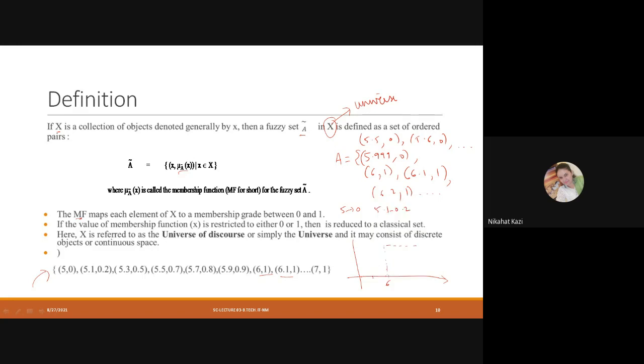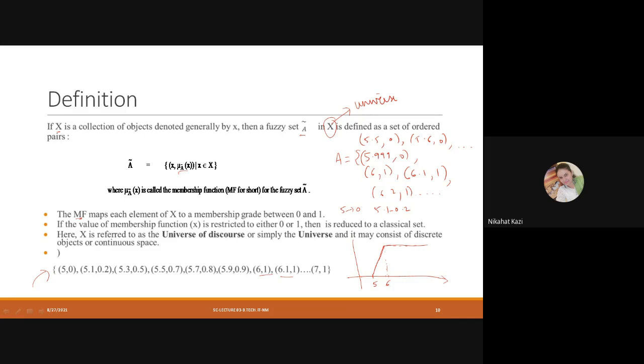Beyond 5 it started giving the membership values, so it becomes a sloping straight line like this, with an increasing slope, and at this point it becomes 1.